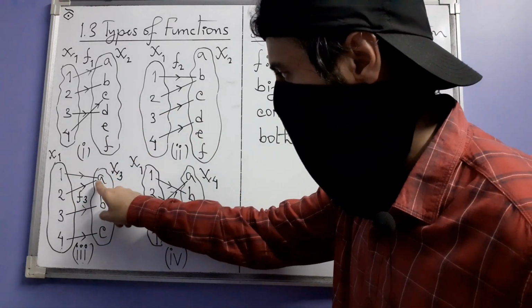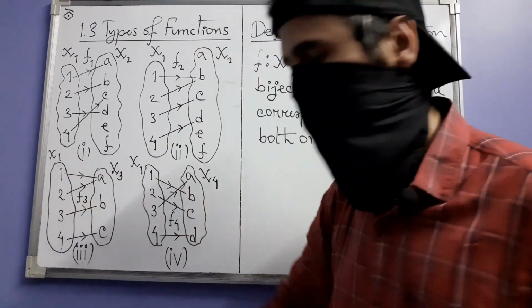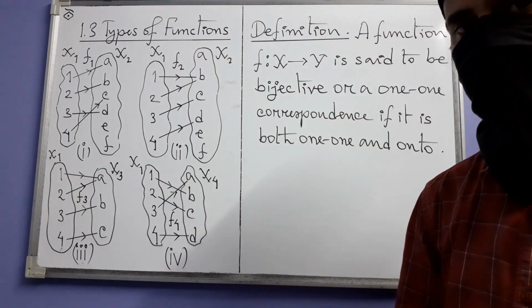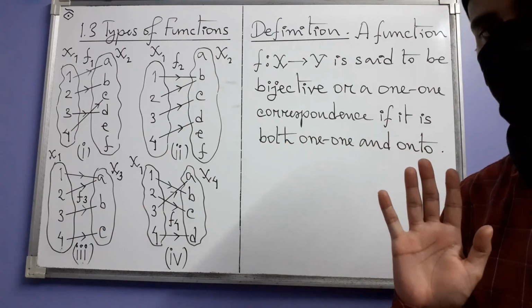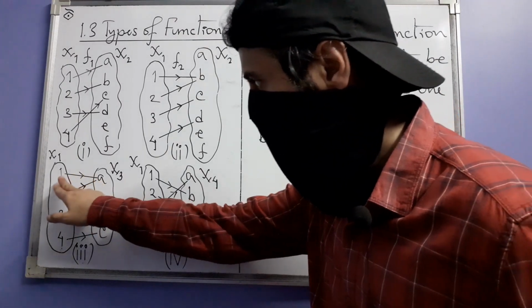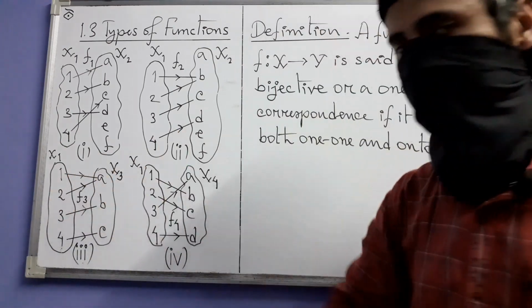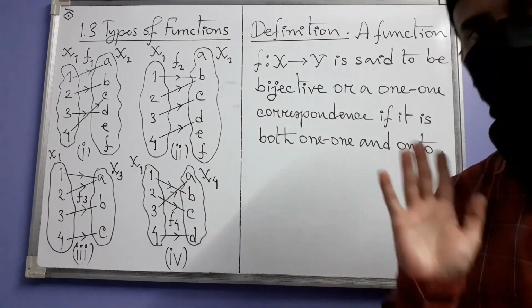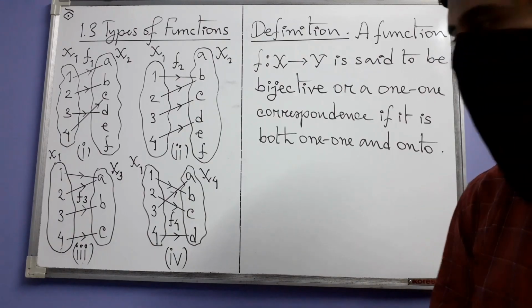However, you see that A has two inputs corresponding to it. That has nothing to do with onto-ness. The fact that there is at least one input from which A is coming as an output is enough for onto-ness.